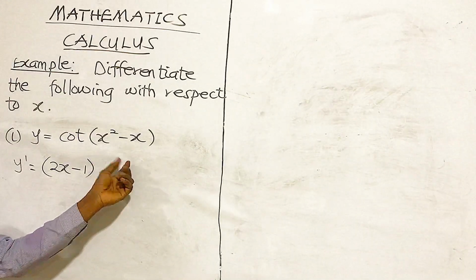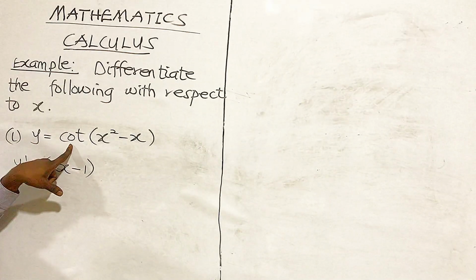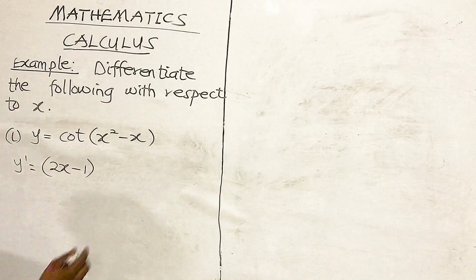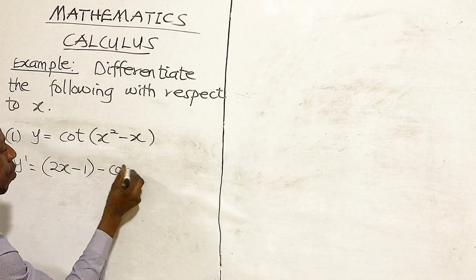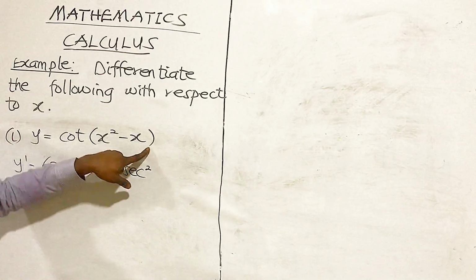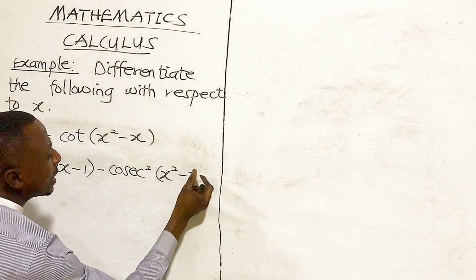After differentiating what we have in the bracket, then we now differentiate the cot itself. And when you differentiate cot, we are getting negative cosec squared of the entire function. So of x squared minus x.